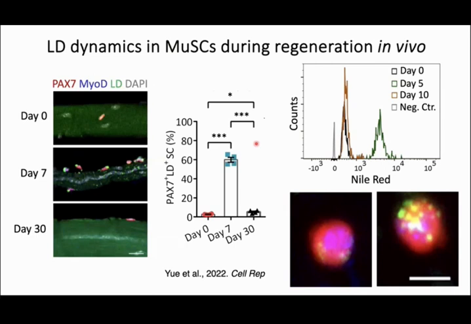So this is all culture. Does that occur in vivo during regeneration? I talk about the regeneration day 0, 7, and 30 when regeneration finished, right? This timeline is already presented before. But you can see that the lipid droplets are mostly found at day 7 during the regeneration. We can even use FACS to sort cells based on the lipid droplet content, so lipid droplet high versus low.